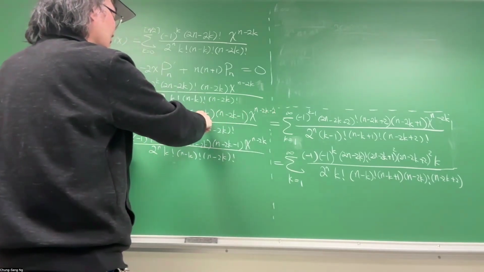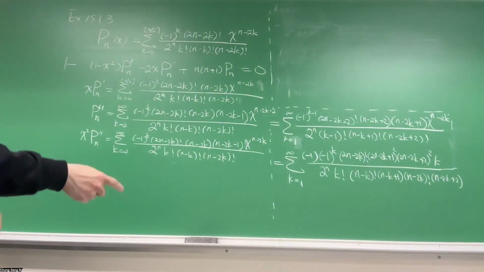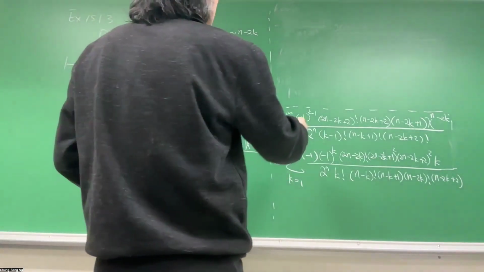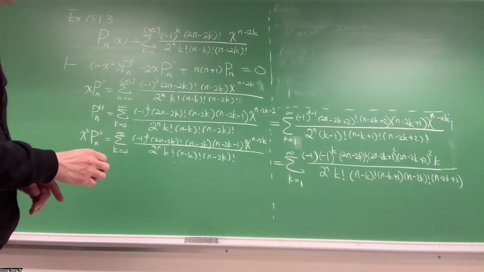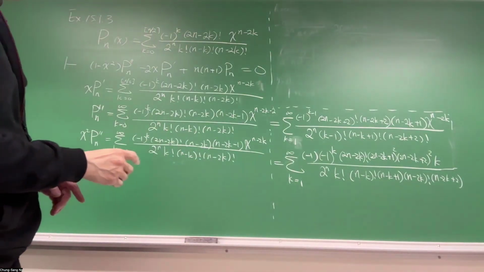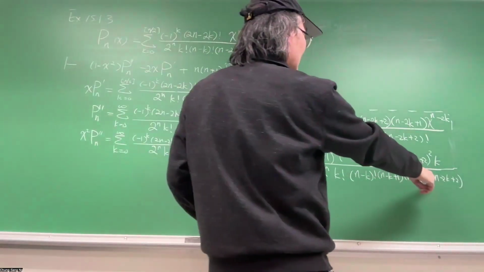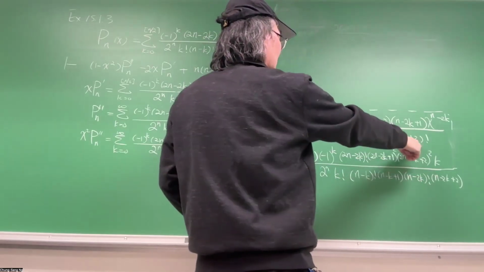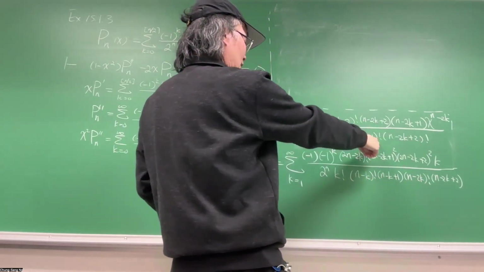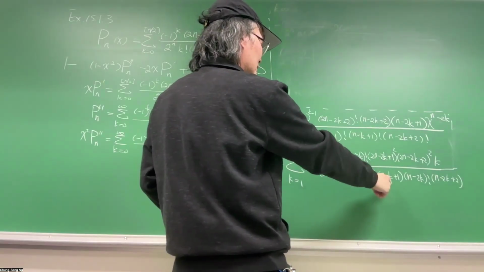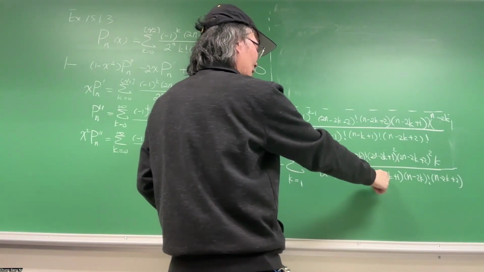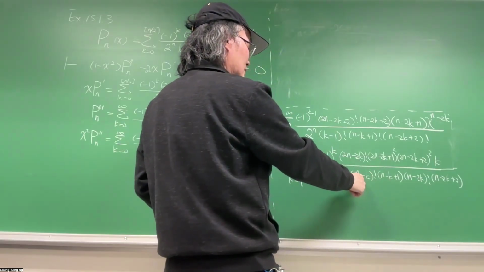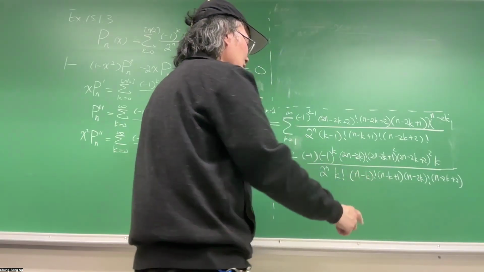So this factorial equals this factorial times this factor, so this becomes n minus k plus 1 times n minus k factorial.